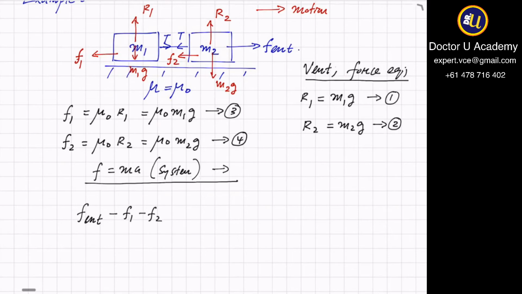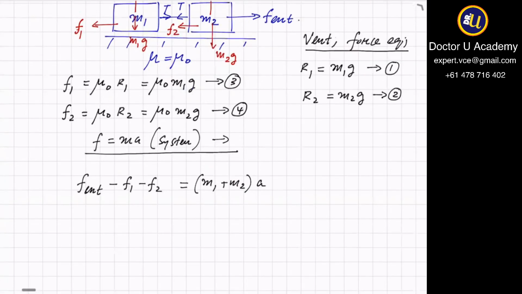They are always opposite to the motion, which is equal to the total mass m1 plus m2 times a. If you plug in the values for F1 and F2, that would be F external minus mu 0 m1g minus mu 0 m2g is equal to m1 plus m2 times a.